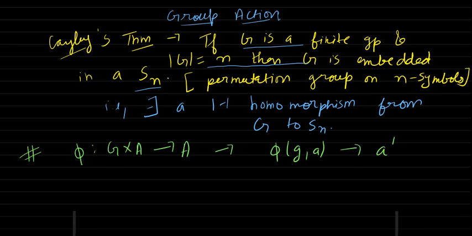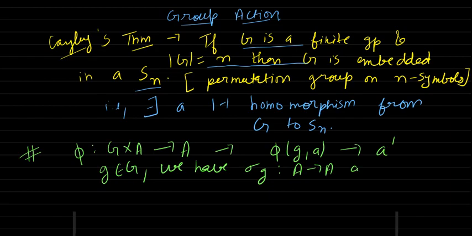Corresponding to each g in G, we have sigma_g, as we defined, a bijection on A. It is defined as sigma_g acting on some element of A and sending it back to an element of A in the following fashion.